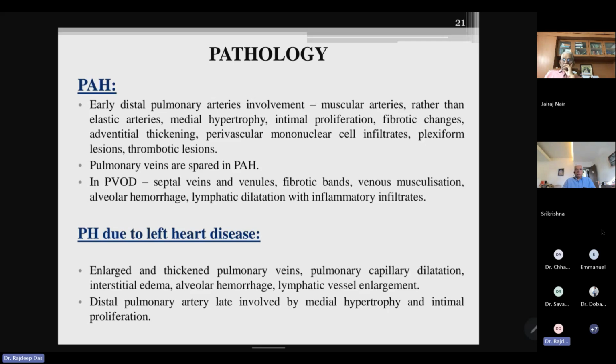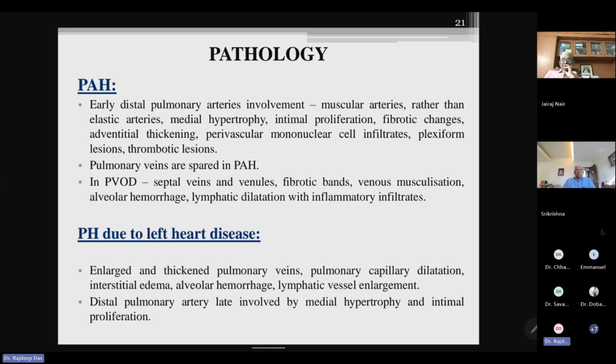Pulmonary veins are spared in primary pulmonary arterial hypertension, while in pulmonary veno-occlusive disorders, the septal veins and venules are involved. There is formation of fibrotic bands, venous muscularization, alveolar hemorrhage, and lymphatic dilatation with inflammatory infiltrates.